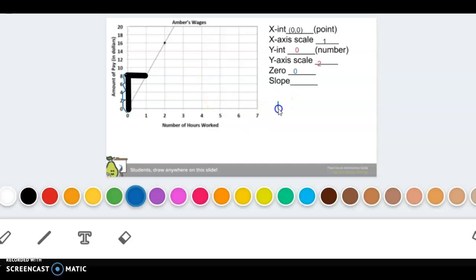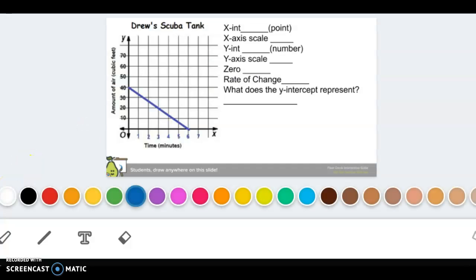So it looks like my rise is 4, but because we are counting by 2 on my y, my rise is really 8 over 1. If I simplified those, my slope would just simplify to be 8.